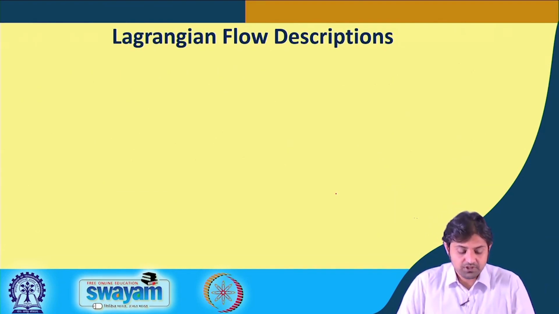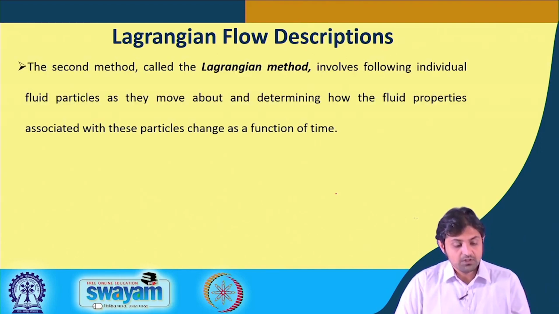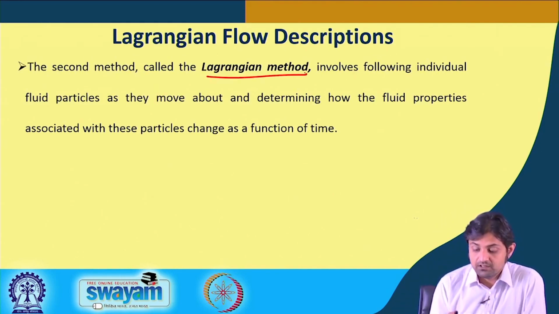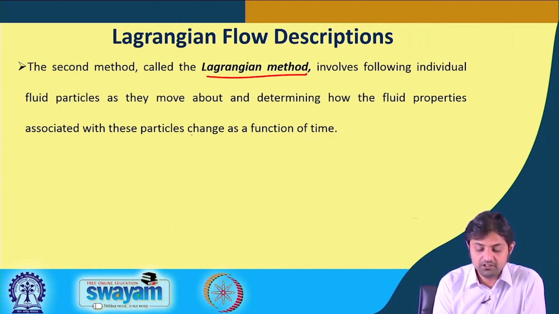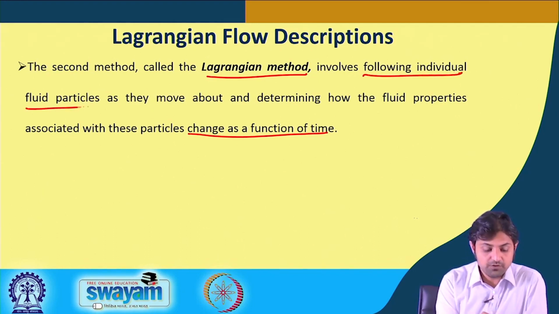Now, what is the Lagrangian flow description? The second method, called the Lagrangian method, involves following individual fluid particles as they move about and determining how the fluid properties associated with these particles change as a function of time. So, the key component is following the individual fluid particles.